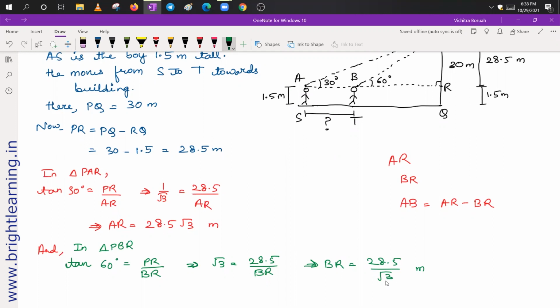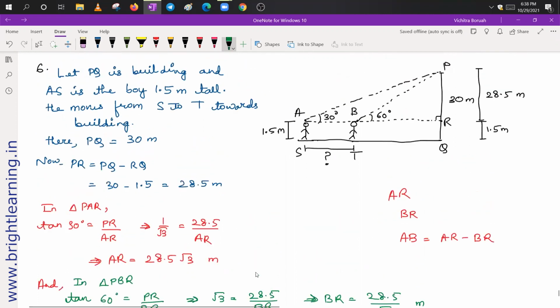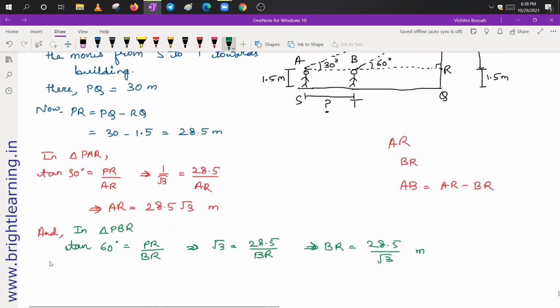Now next we have to find the length of AB. Okay, so here we will write that distance walked towards the building.